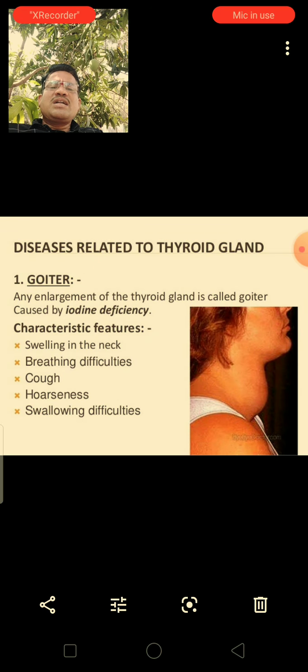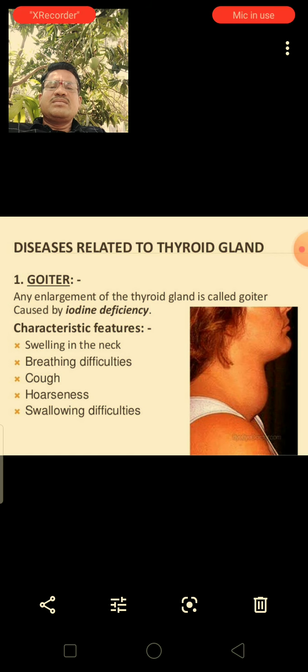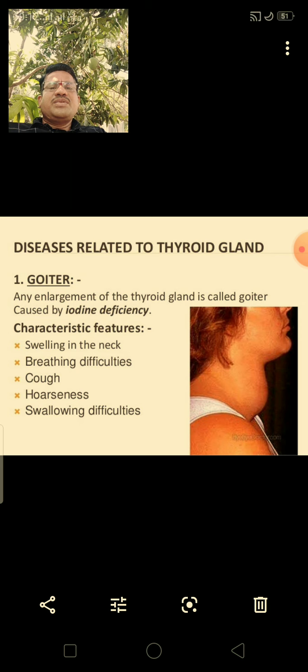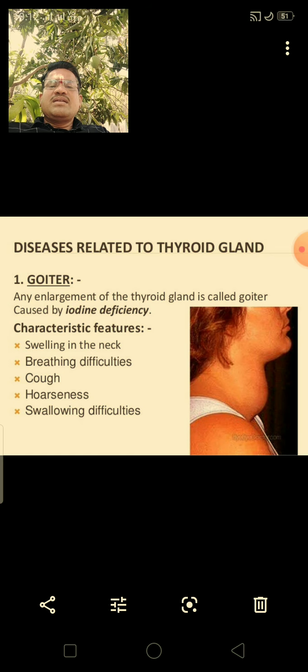So, what are the diseases related to the thyroid gland? The first disease is goiter. Any enlargement of the thyroid gland is called goiter, caused by iodine deficiency. In thyroxine hormone, there is an element, that is iodine. So, what are the features? First, swelling in the neck.